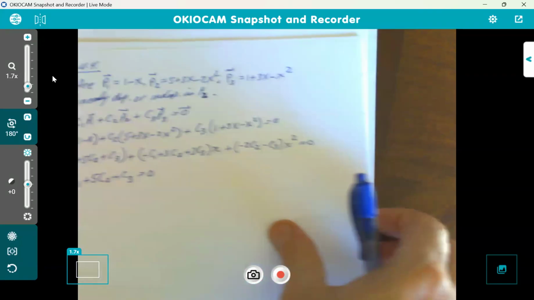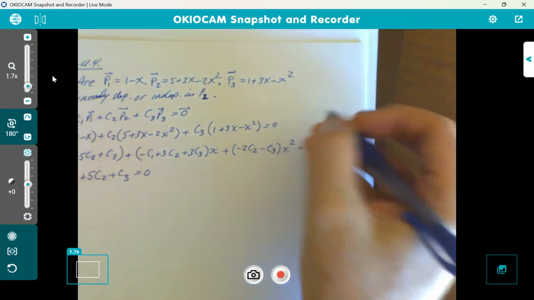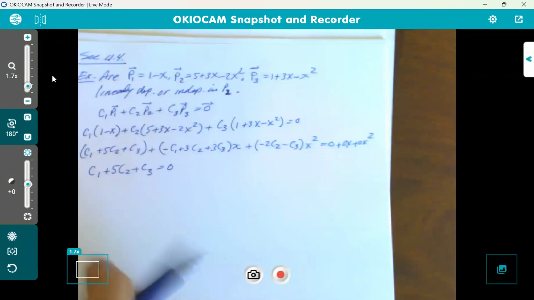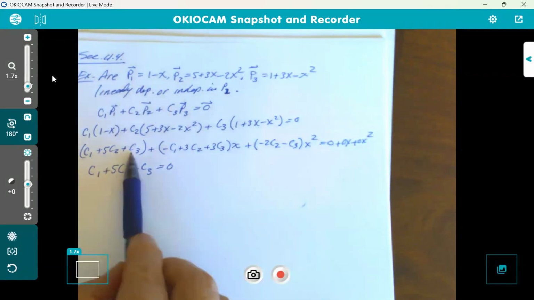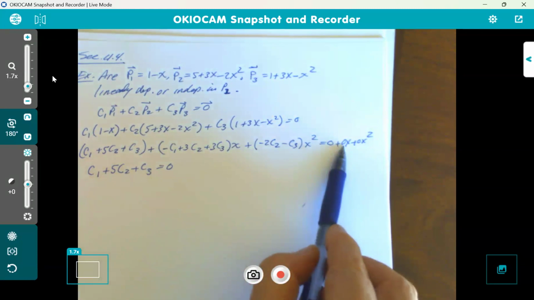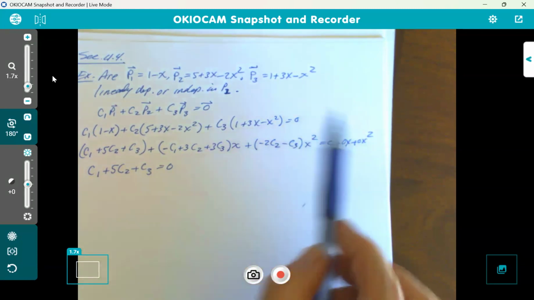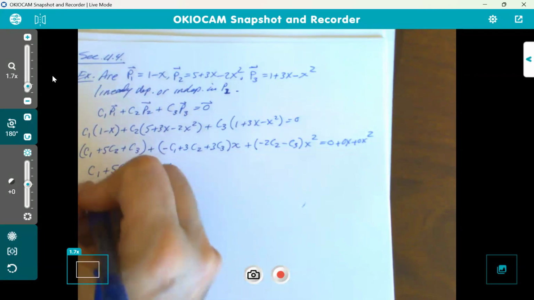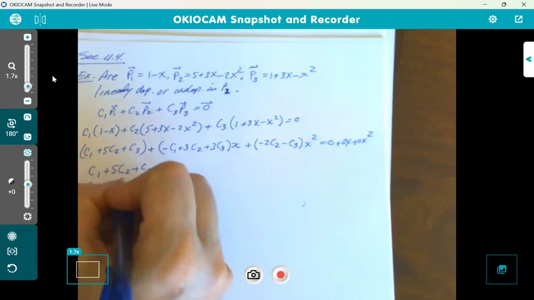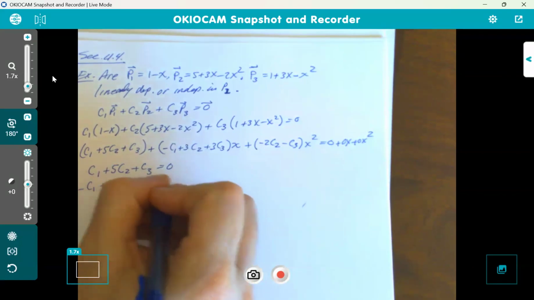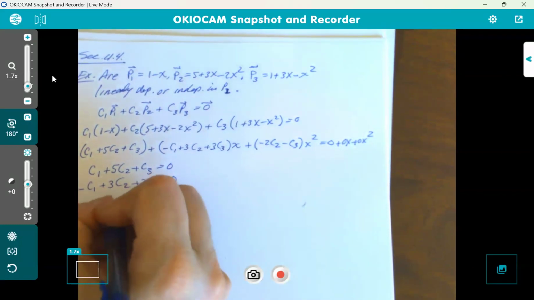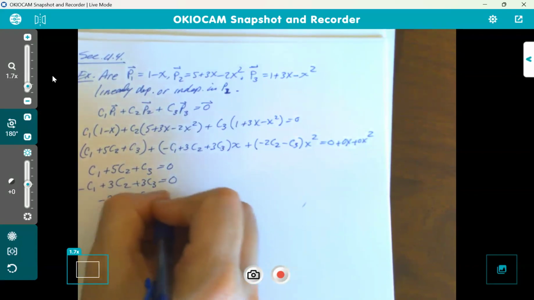On the other side, you can write, if you want, plus 0x plus 0x squared. So the constant coefficient must be 0, the coefficient on x must be 0, and the coefficient on x squared must be 0. And then the middle one is negative c1 plus 3c2 plus 3c3 equals 0, and of course, negative 2c2 minus c3 equals 0.